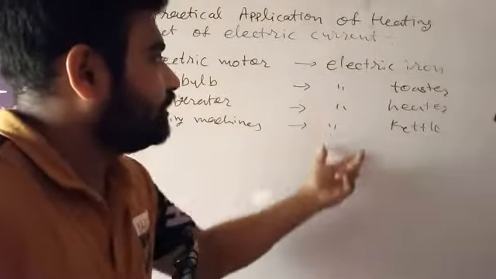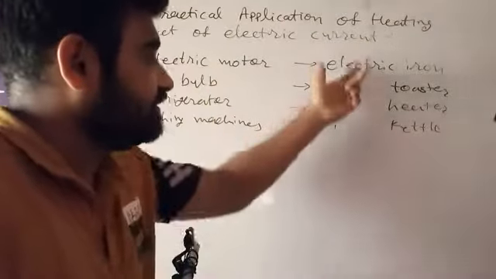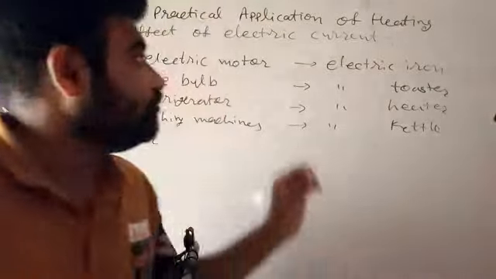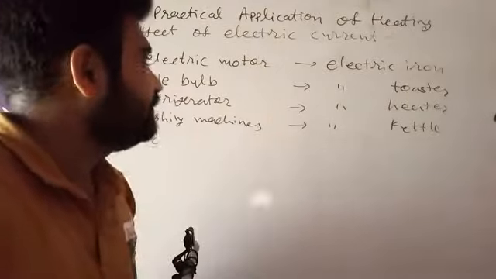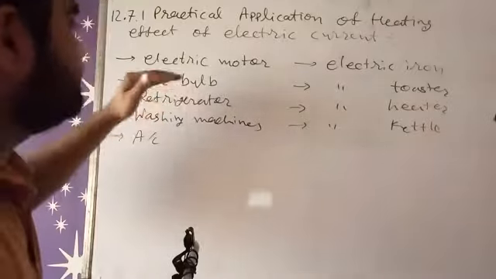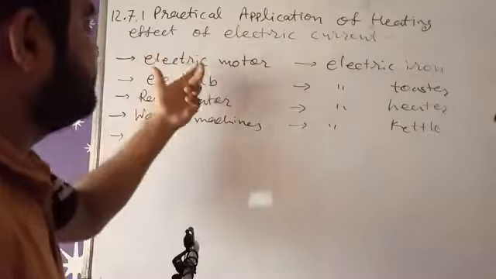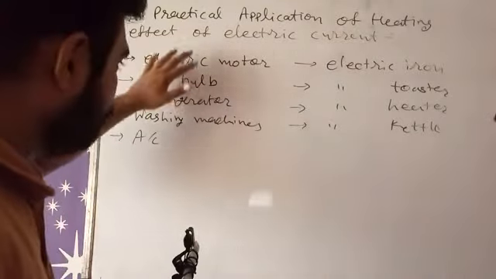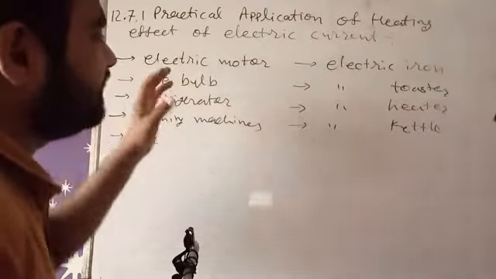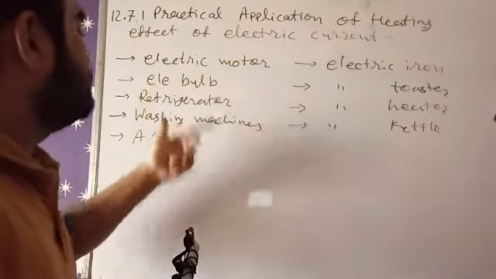Because here we are using higher values of resistance. If the resistance is higher, it resists the current, and to resist that current, it has to convert electricity to heat energy. In the other devices too there is some resistance, and because of that resistance, they convert electricity to heat energy, even though we don't want heat from them.